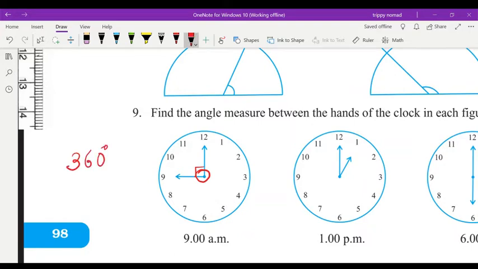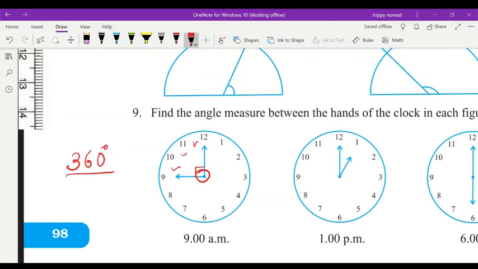Then how many minutes? In 60 minutes, 360 degrees. Then these are 15 minutes. So in 15 minutes how much angle will be formed? That you have to calculate. First of all you should know that in 1 minute how much angle.